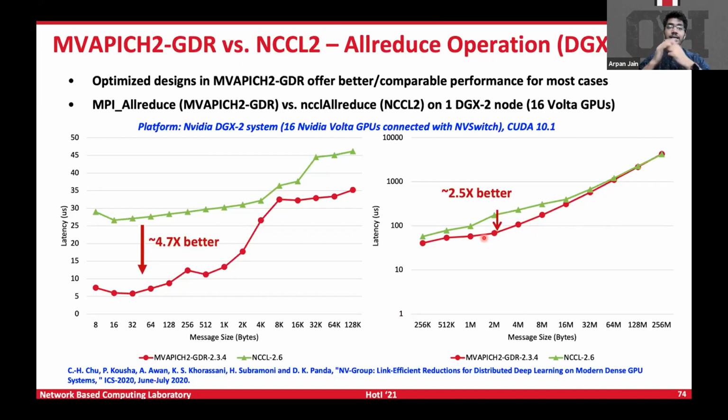You can imagine NCCL as a patchwork for a problem that was relevant at that time, around 2017 or 2018. But nowadays, the MPI implementations are optimized for this kind of workload. So that is why the MPI can provide better or similar performance as NCCL 2.